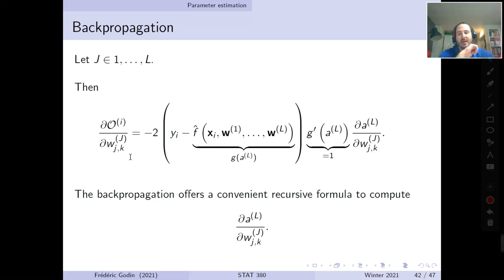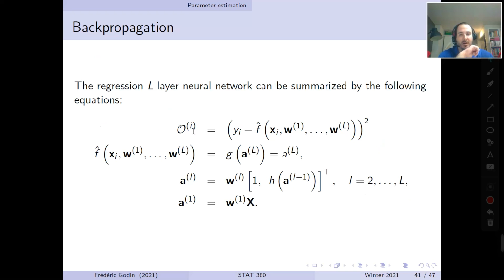Then, if we go back here, the objective function of the ith observation, if we differentiate it, is 2 times (yi minus the prediction), with the minus also going in front, times the partial derivative of the ith prediction with respect to the associated parameter.